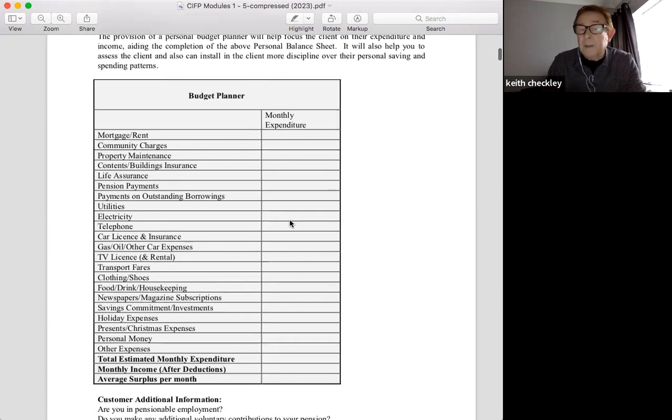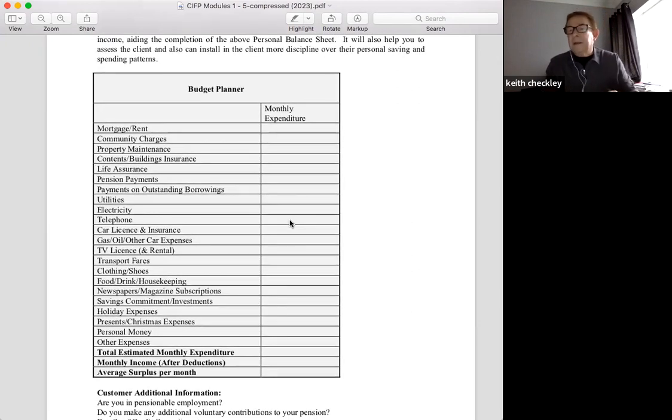And then the difference with a personal client is, you've just mentioned the income statement. Well, the income statement for a person really is this sort of budget planning document that we've got there, where you can see what the expenses are, what the income is towards the bottom there, and is there a surplus?